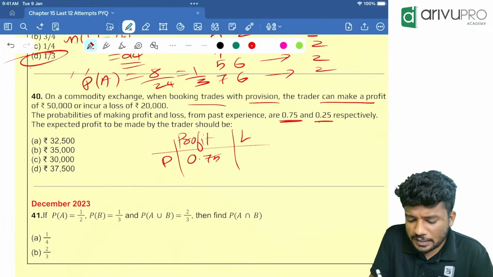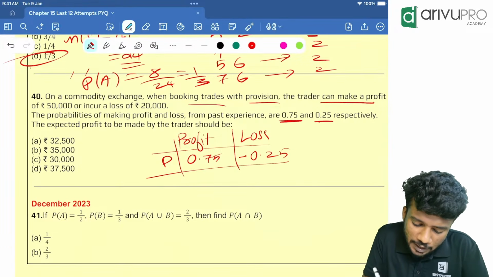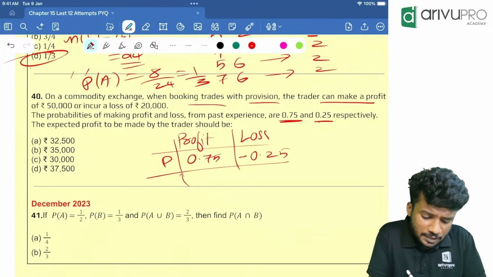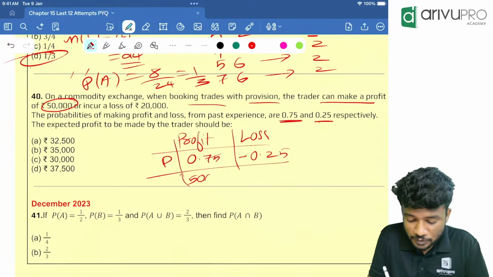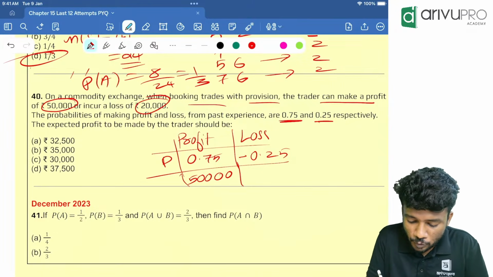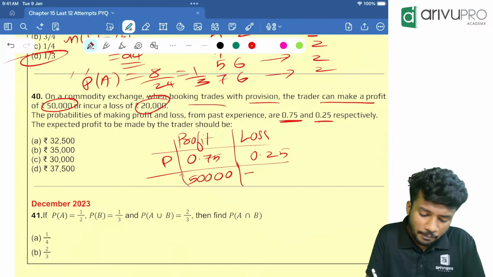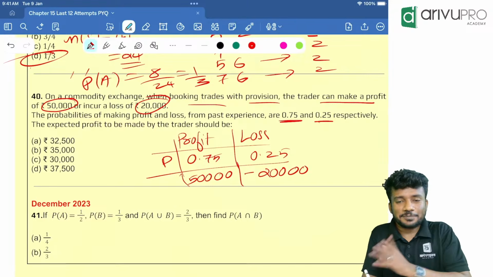When loss is there, P of X is 0.25. When there is a profit, he is earning 50,000. When there is a loss, he is losing minus 20,000.